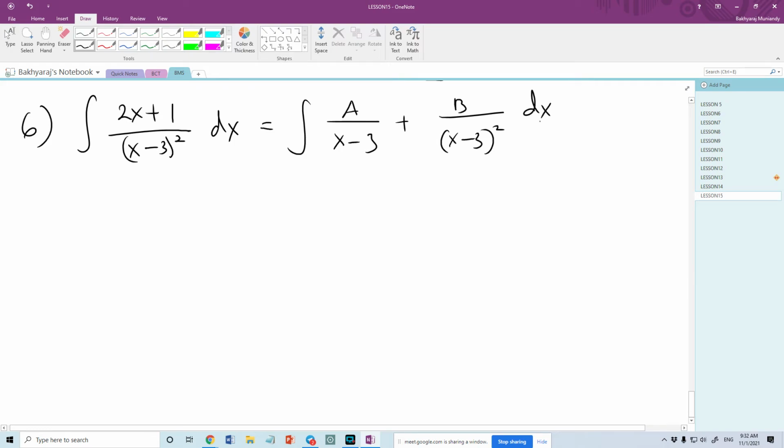Okay, so we can split the function as a over x minus 3 plus b over x minus 3 square. So we get this. After that, we go for the partial fraction.